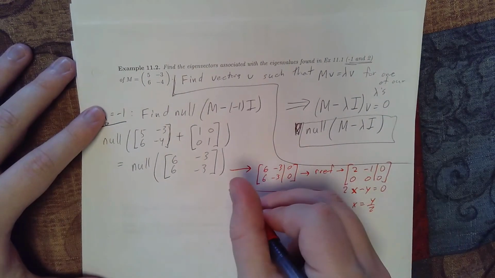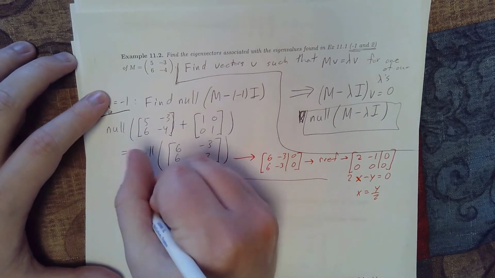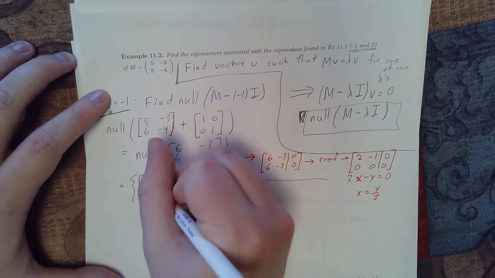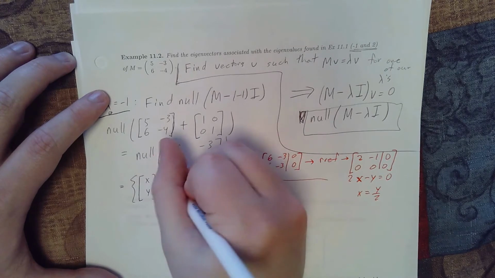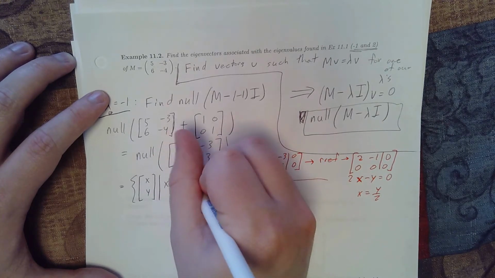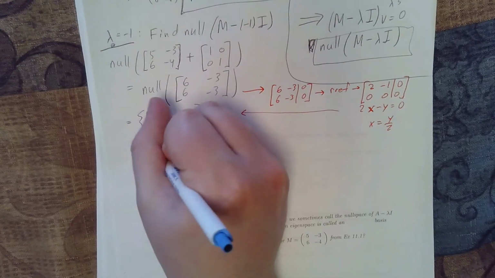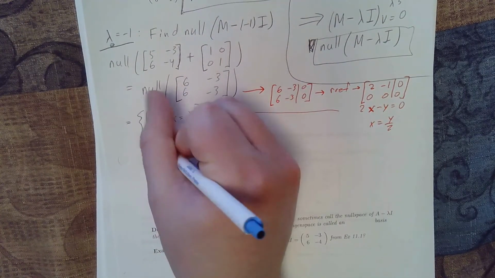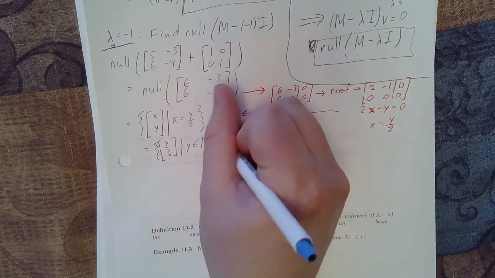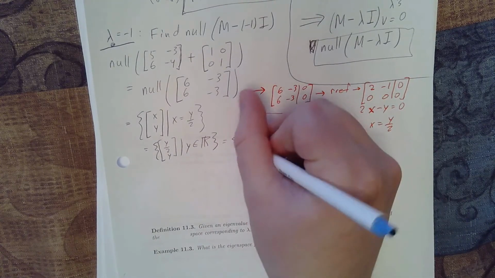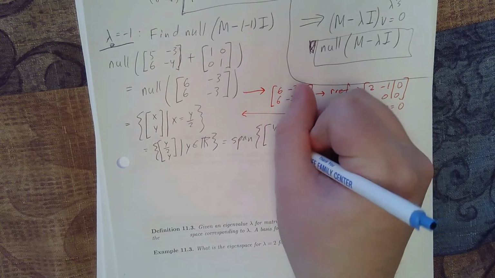So then taking this back over here, the null space is going to be the set of all inputs x, y, such that x equals y over 2. So then we have the set of all y over 2, y, such that y is an element of the real numbers, which is just the span of 1/2 and 1.